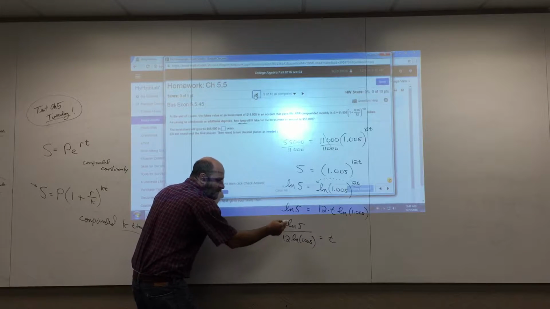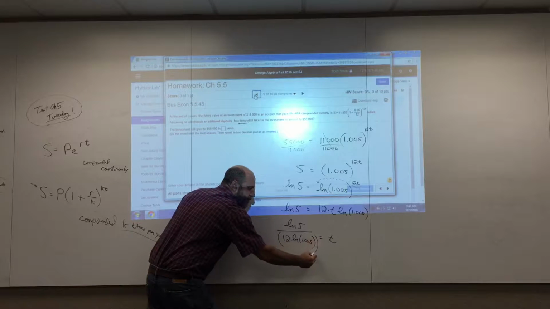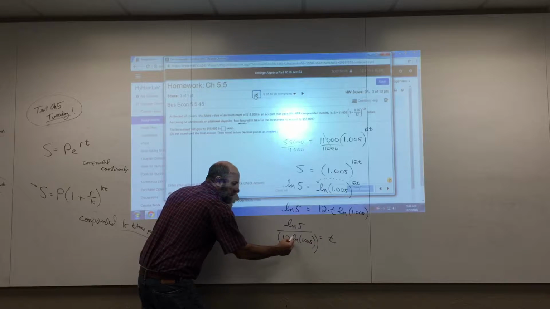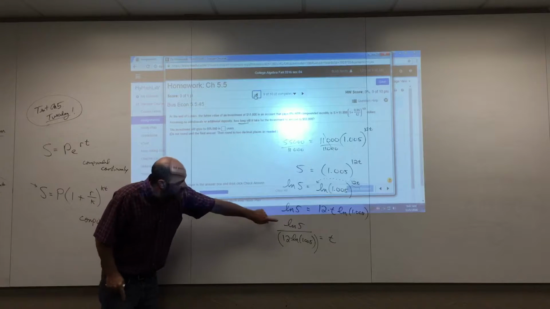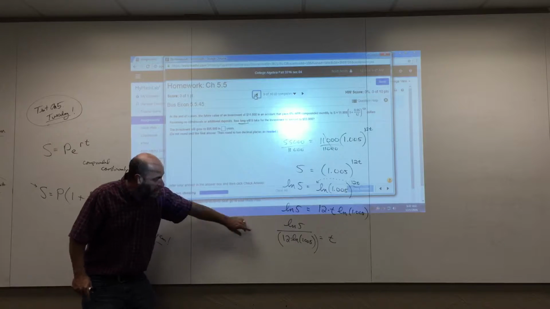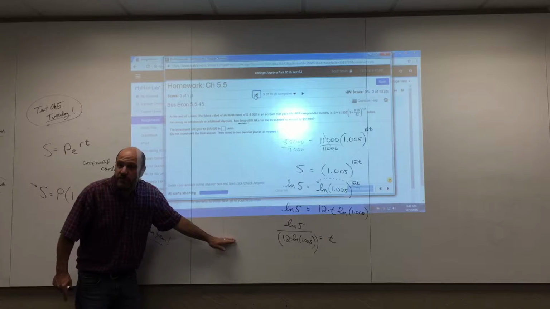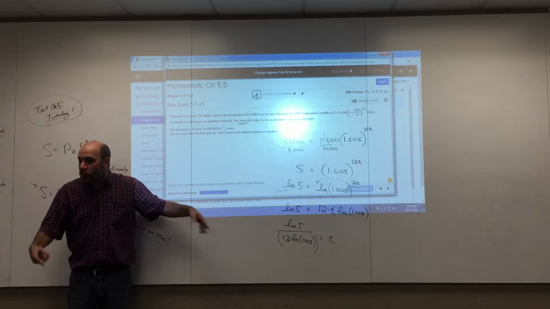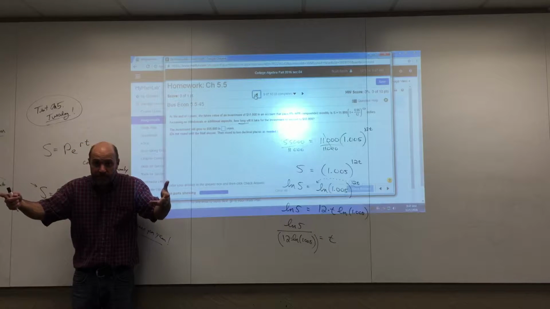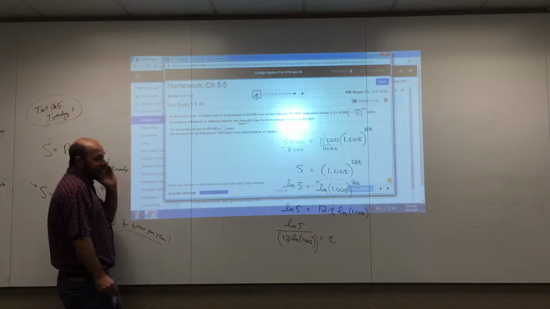And maybe if you're going to type this into your calculator, you need this whole denominator in parentheses. Or you can do it in little baby steps. Type this in your calculator, get a decimal. Type this in your calculator and get a decimal, then divide your decimals. You can do it in baby steps or all in one step. It depends on you and your calculator skills. But I'm looking for an answer now.